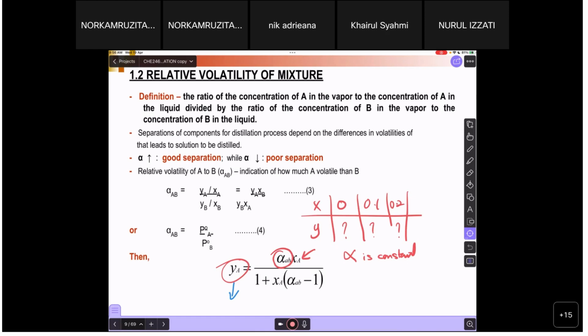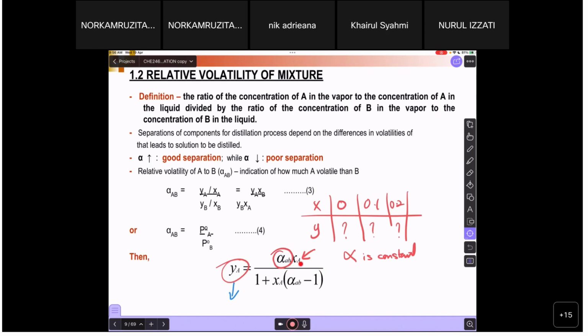So how to use that? Alpha can be obtained using this formula. Same thing as I mentioned just now about how you are going to have the equilibrium data. This is one way for you to get the equilibrium data. With the known x, you are going to find out the value of y.